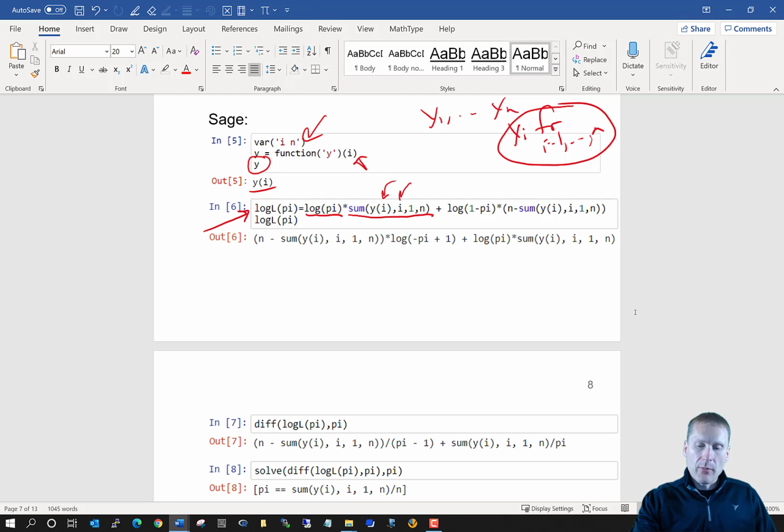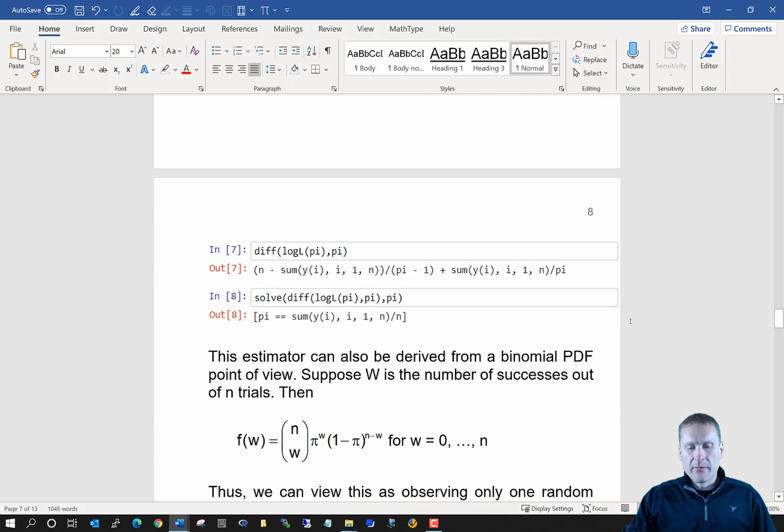I am summing from i equal 1 to n, plus log of 1 minus pi times n minus the sum y sub i there. Okay. And I don't know why Sage does this. For some reason, it wants to turn around 1 minus pi to be minus pi plus 1. It's the same thing, but for some reason it always wants to do that.